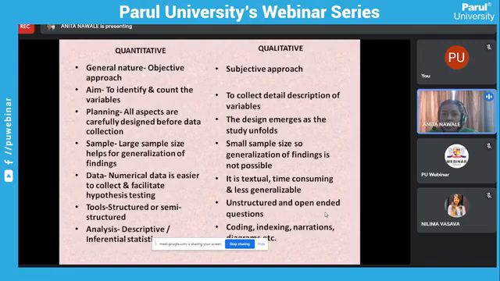So each one had a different factor, and you can see it is overlapping. Why? Because there is no single factor causing the suicidal attempt in the student. There are multiple factors for one student.